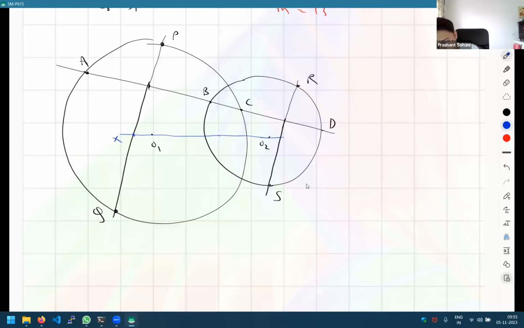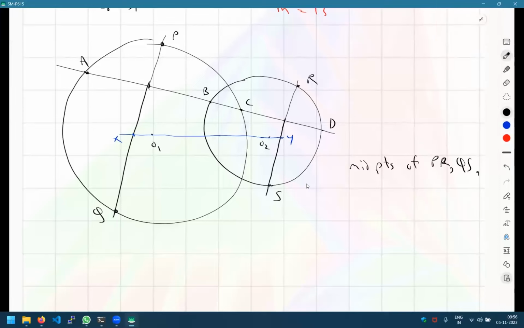And we know that quadrilateral PRSQ is a trapezium. So if we join the midpoints of PR and QS, the midpoints of PR, QS, and XY are collinear.